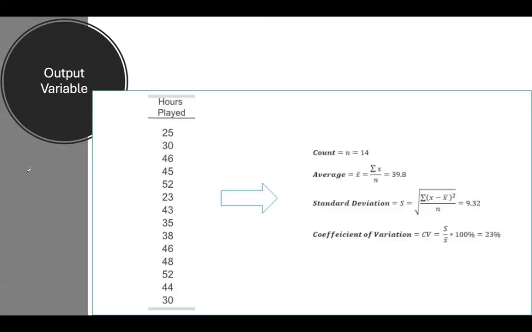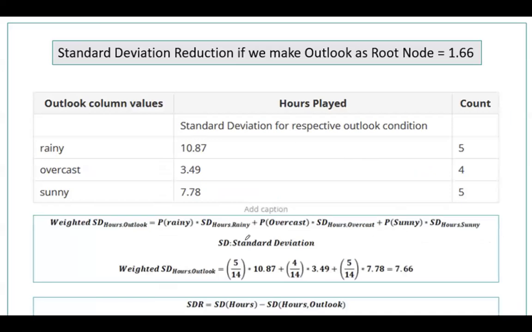First of all, the system level standard deviation is calculated, right? That comes out to be 9.32. Now we are calculating the standard deviation. You take the final column, take the average, take the standard deviation. And then the next step is that you find out the weighted reduction in standard deviation, SDR.